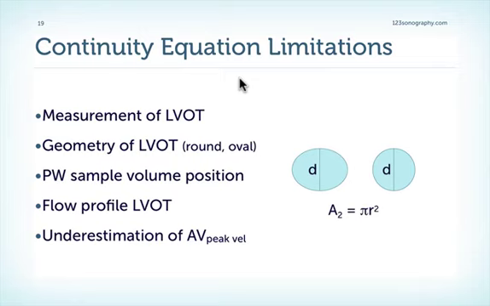And finally, it's very important to remember to use several windows to get the highest AV peak velocity, so that we don't underestimate the velocity and get a wrong, in this case too high, aortic valve area.